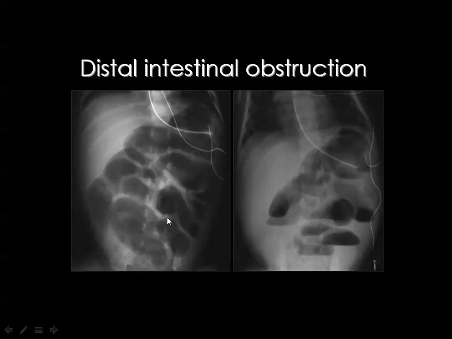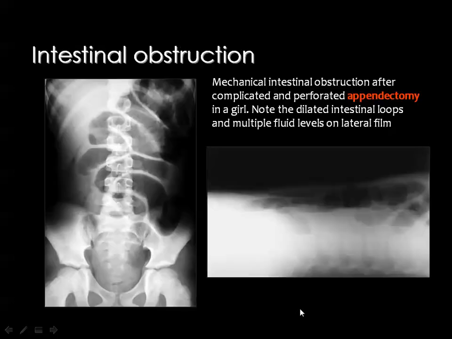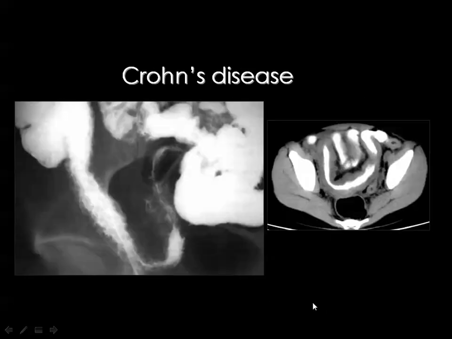The small bowel loops are dilated, and in the erect film you see multiple air fluid levels, diagnostic of distal small bowel obstruction. If you are not able to get an erect film for the child, you can go for this lateral view while the child is in the supine position, and you see multiple air fluid levels as well, and this can help in the diagnosis.